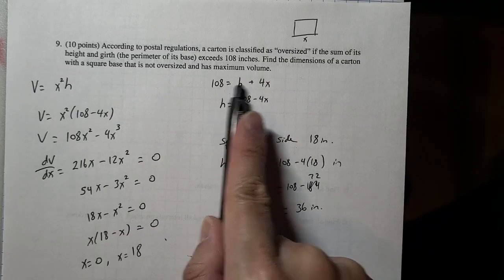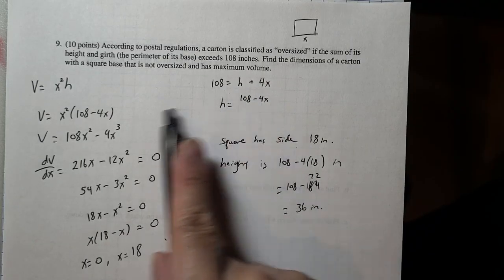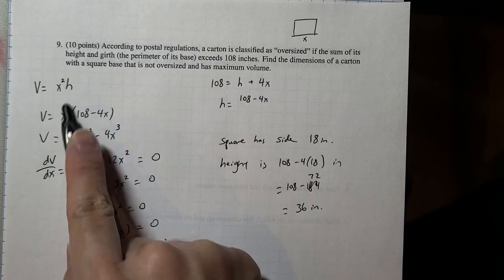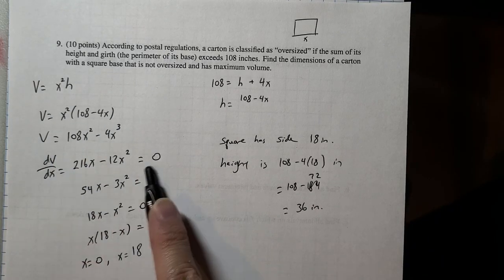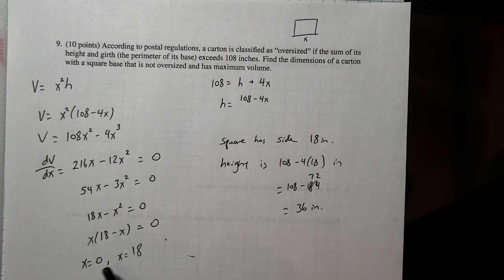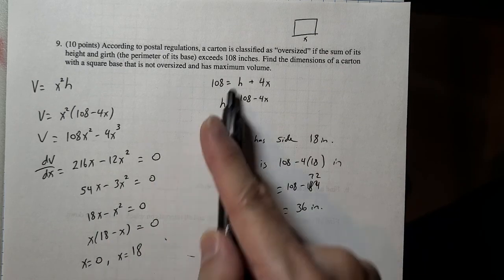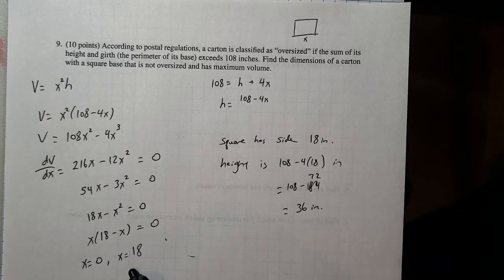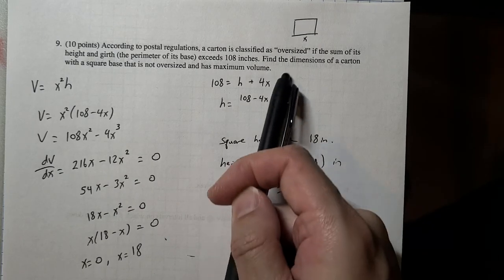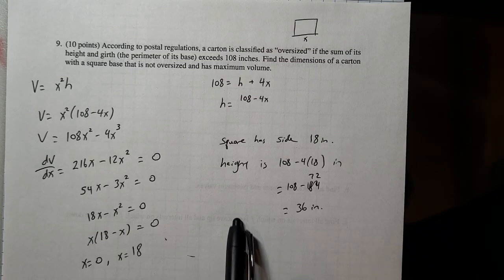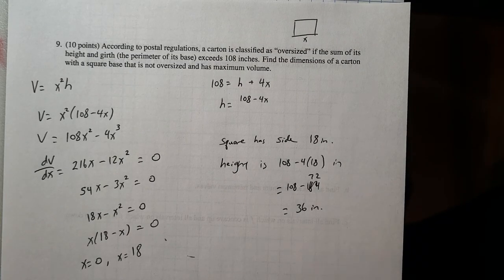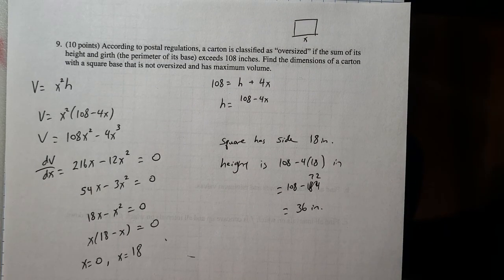So that's this guy over here. We solve for h, we plug it in here to make V in one variable, and then we differentiate. We solve for the critical points. We don't take x as 0 because that won't be a carton then. We take x as 18, which is the side of the square. We can find the height by plugging in the value of x there. So height was 36 inches.